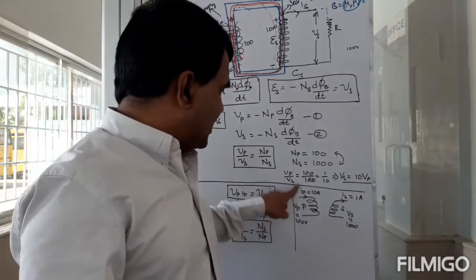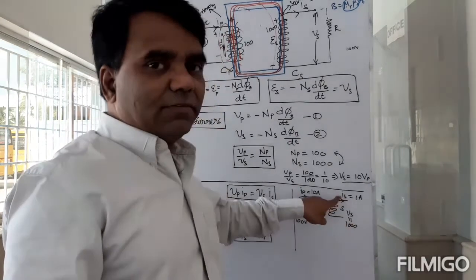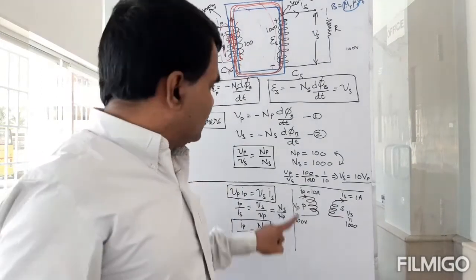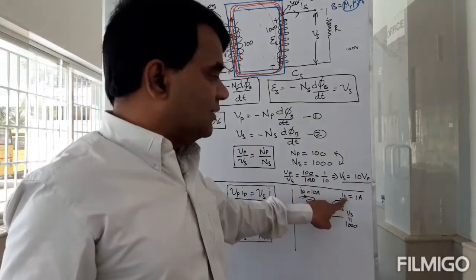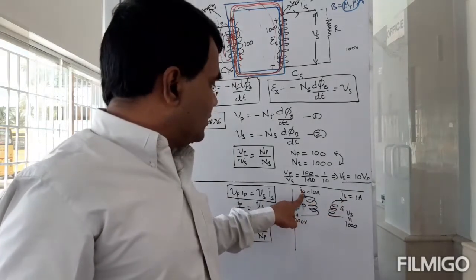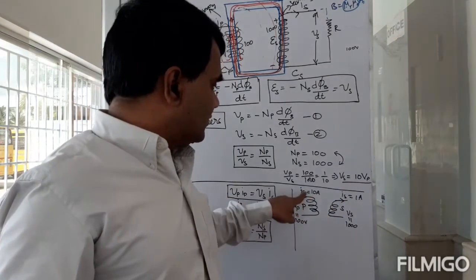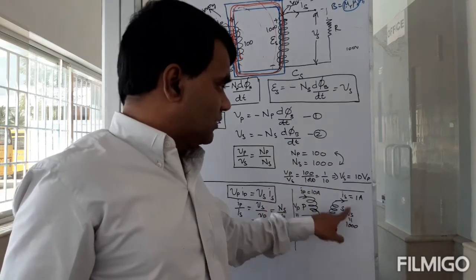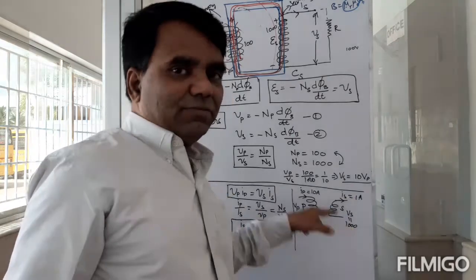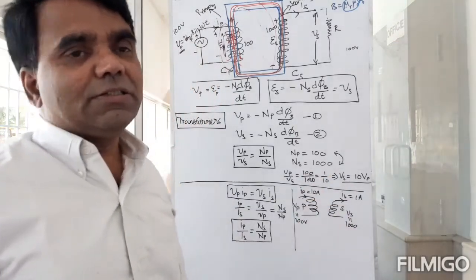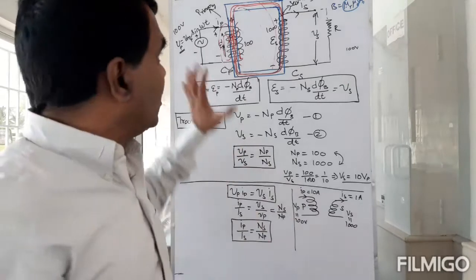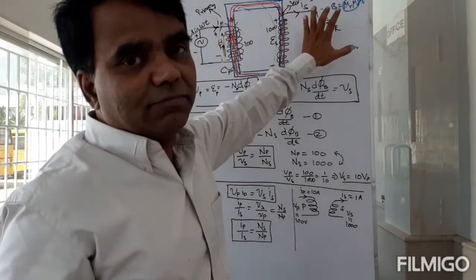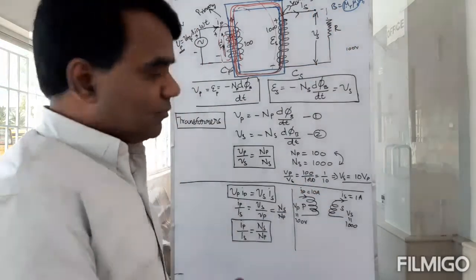Why? Vp Ip must be equal to Vs Is. You cannot violate the law of conservation of energy. If this is 100 and this is 10, then Vp Ip is 1000. If this is 1000, then this has to be 1. So in an ideal case, thinking that all the energy that you give here is available here, this works.